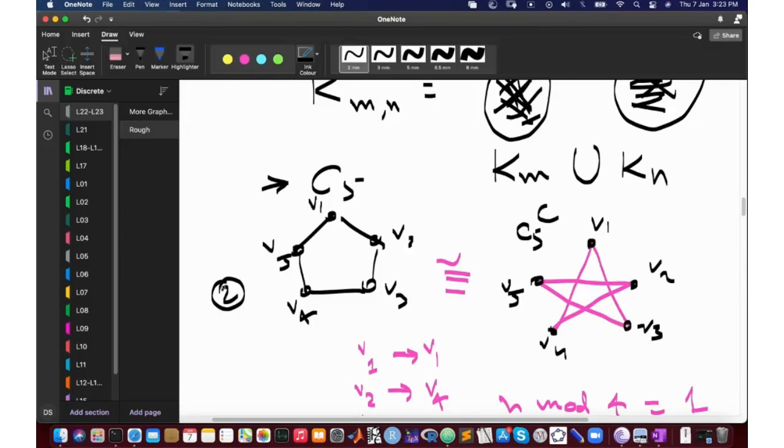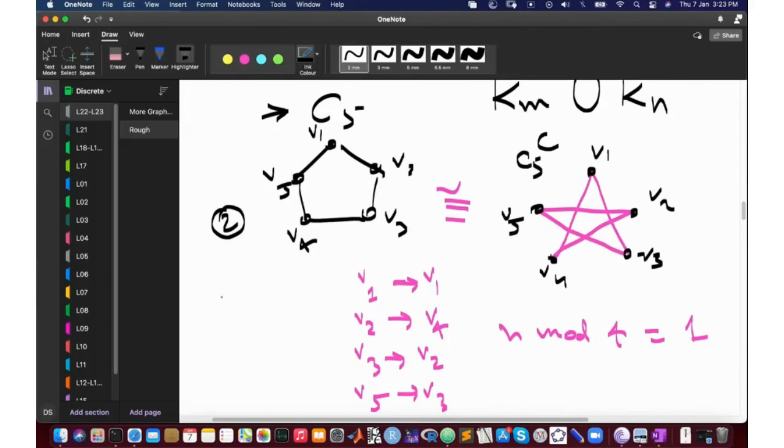It's 2 in here as well, because pick any pair of vertices, you can get there in 2 steps. There are no two vertices here that need more than 2 steps. You can go from V1 to V2 in 1 step, V1 to V3 in 2 steps, V1 to V4 in 2 steps. That's it. You can't take more than 2 steps when you use the shortest path.